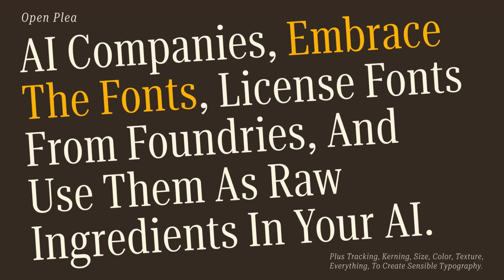And in order to do that, we choose a font that is great. Based on their intelligence, they choose a reasonable font. They add reasonable text styles, the tracking, the kerning, the size, the color, the gradient, the texture, everything. And combined with all those raw materials, then you output the pixels, the final artifacts.